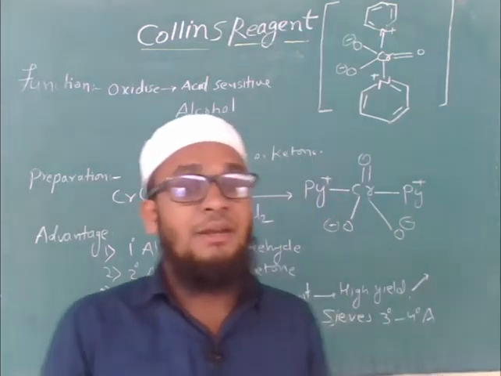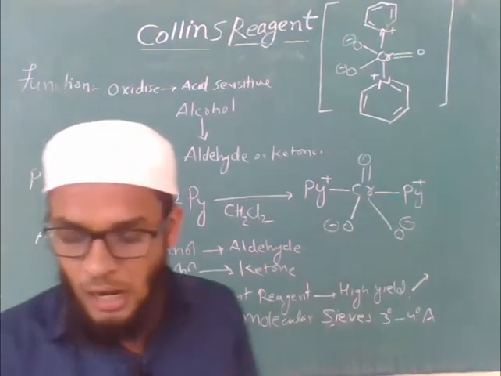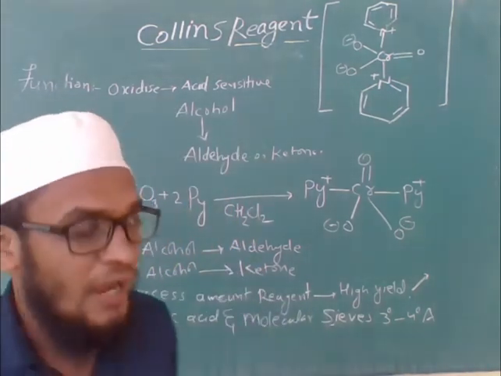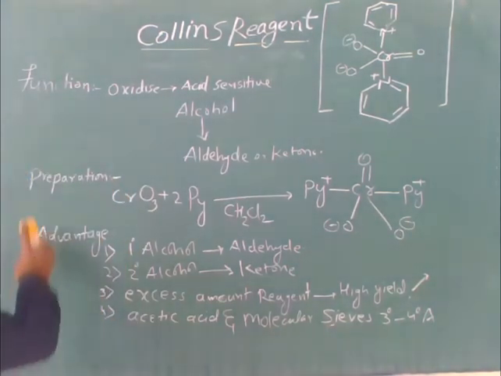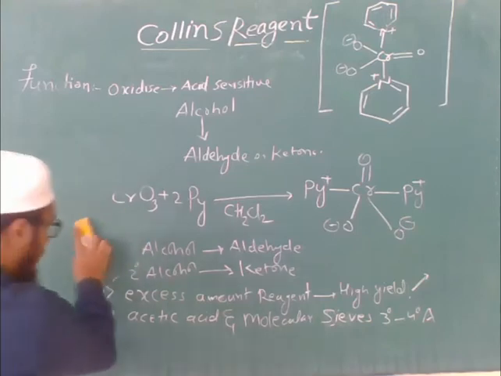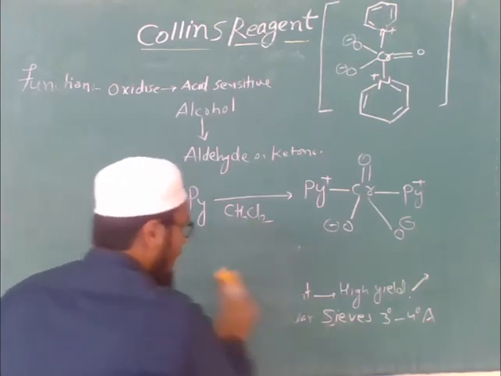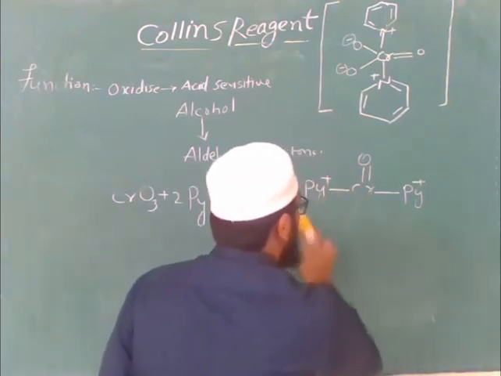So look at the mechanism for using this Collins reagent, how it can oxidize primary alcohol to aldehyde or secondary alcohol to ketone. So we'll move towards the mechanism of Collins reagent.